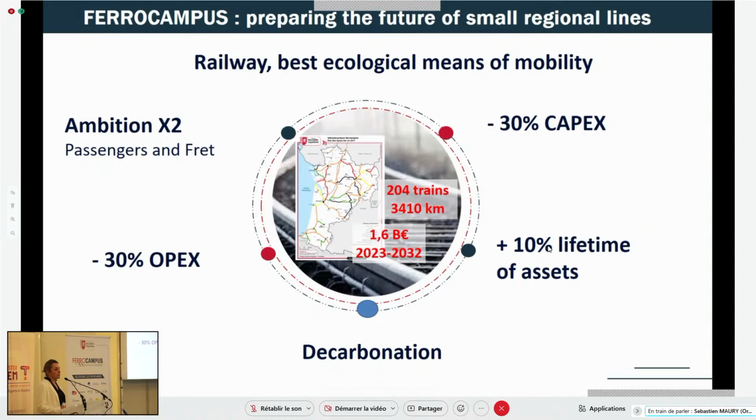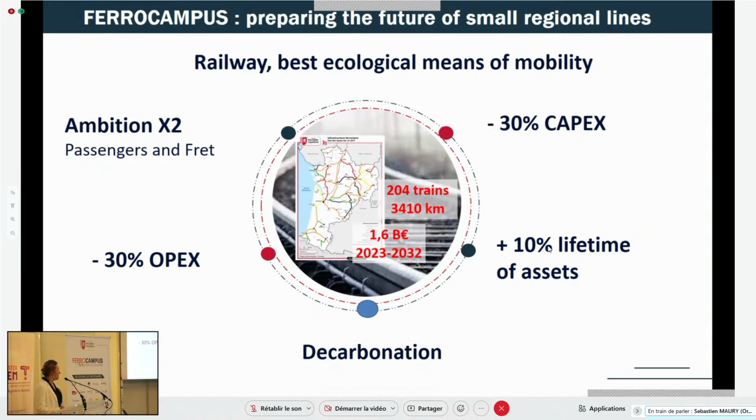The green is just to show that the network is in a good shape. And as you can see, the overall infrastructure is in a very bad condition.